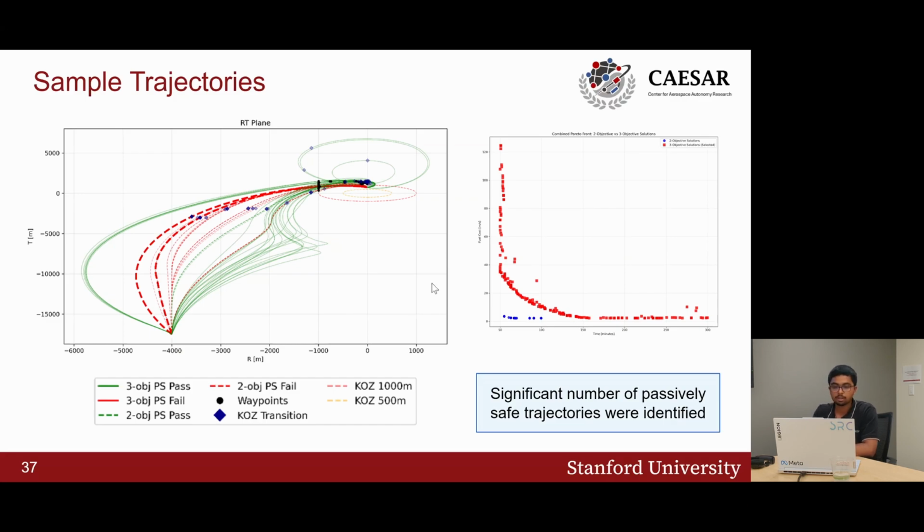Although the trajectories obtained in the end were passively safe and in the Pareto front of solutions which had converged, they are still a little far away from optimal solutions, as can be seen visually from this.